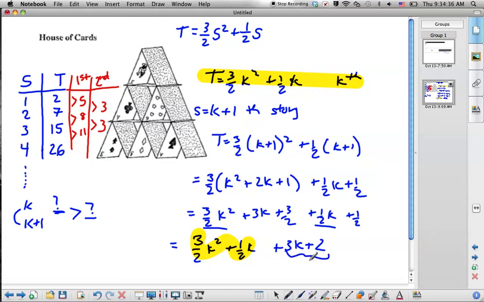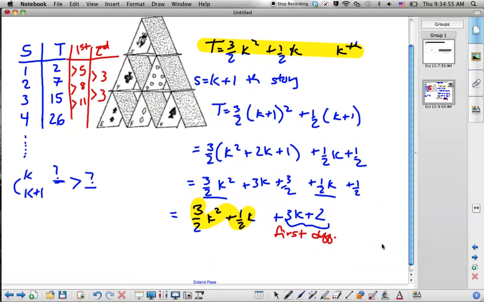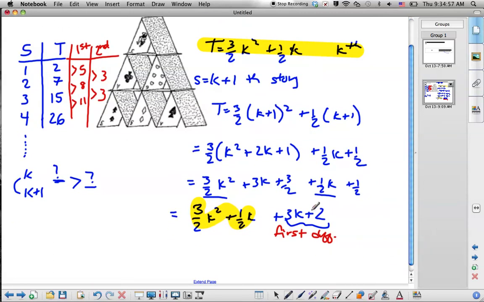This is what's left over in general cases. When I go from my kth term to my k plus 1th term, this is what's left over. So that is the same thing as the first difference that we add. This is my first difference, and that's what we add to our kth term to get the k plus 1th term.